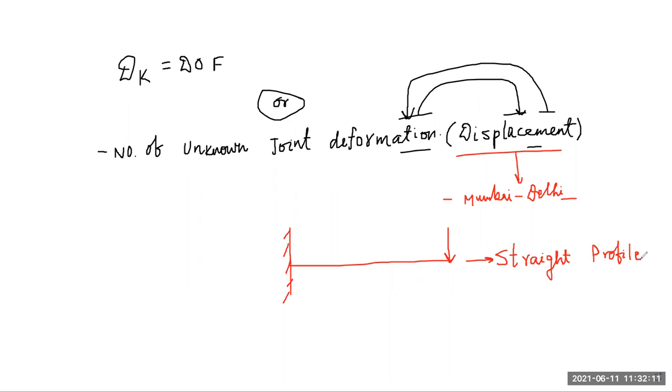But when this load acts on the cantilever beam, the beam gets deformed and looks like this. So this is the deformed shape of your beam.